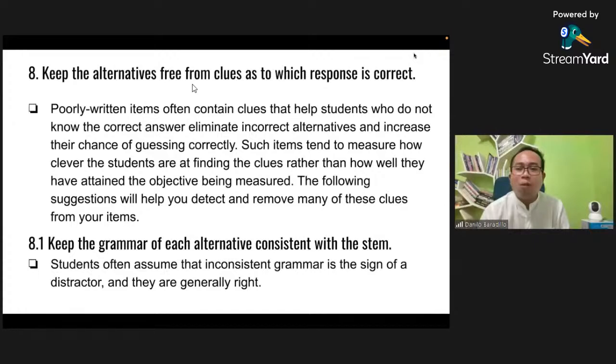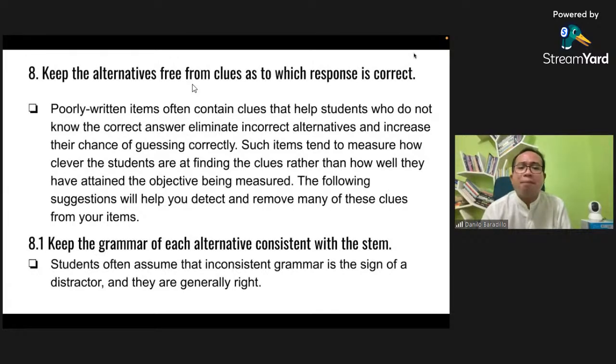This is the problem mostly. When we place alternatives in our exam, there have to be no clues given, otherwise we fail to measure the objectives we wanted to.